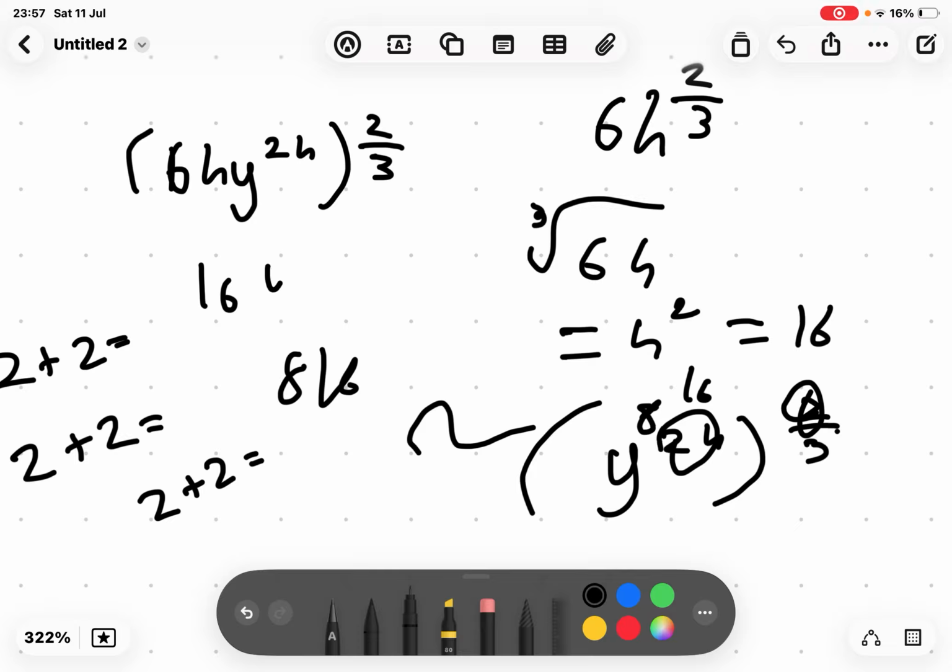So the answer is going to be y to the 16th. For some reason, the guy got y to the 18th.